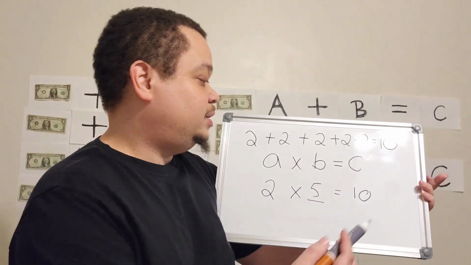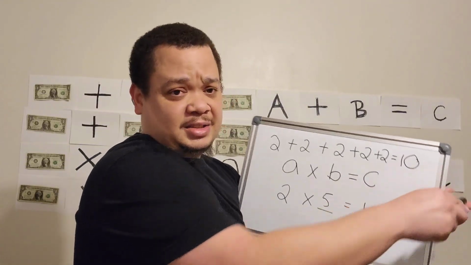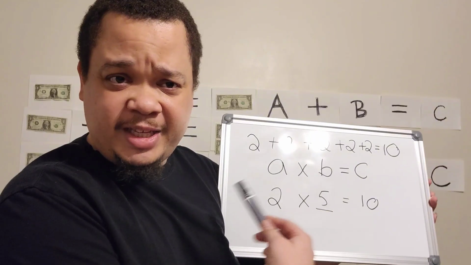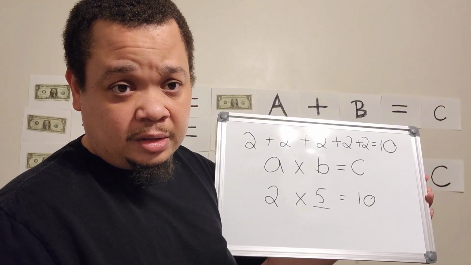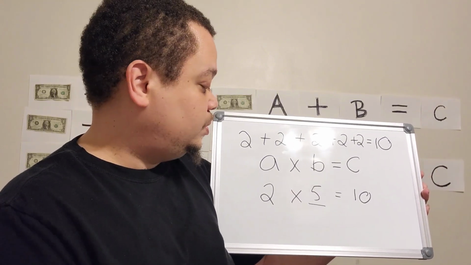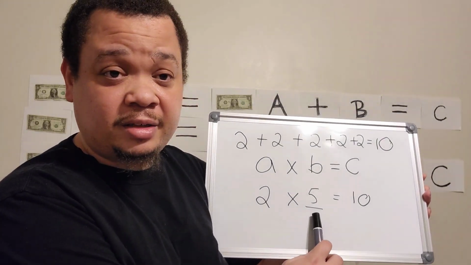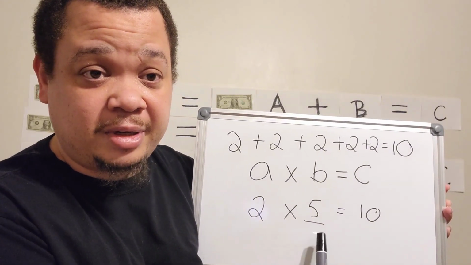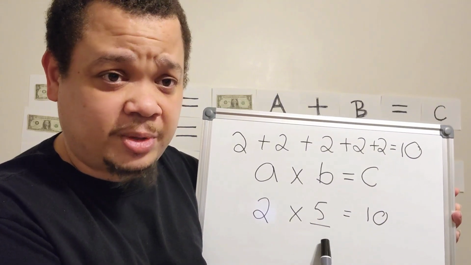Okay? And so now we looked at this, right? We see how we got to this equation. And so this equation, this number here, is this number anywhere in the original equation?